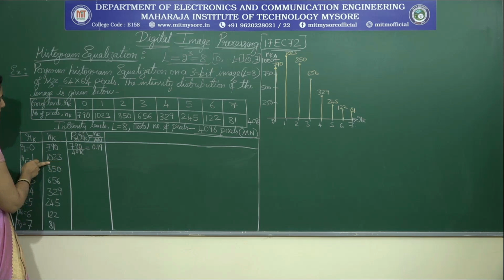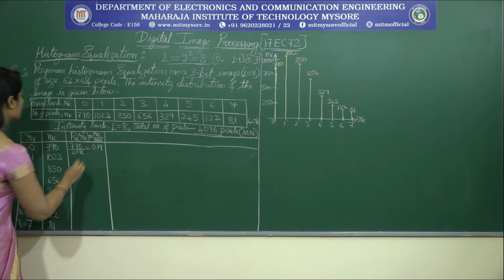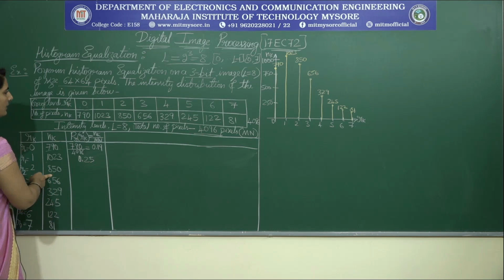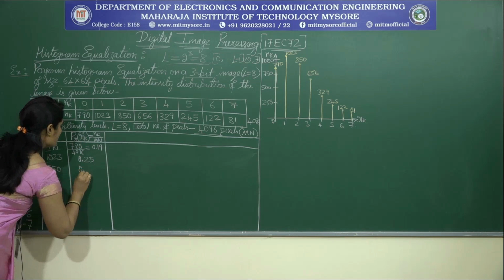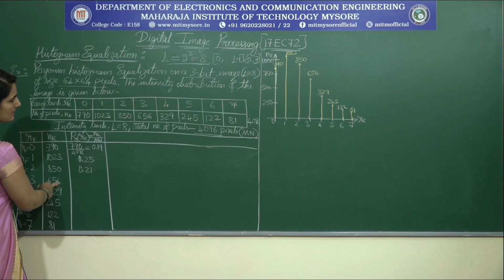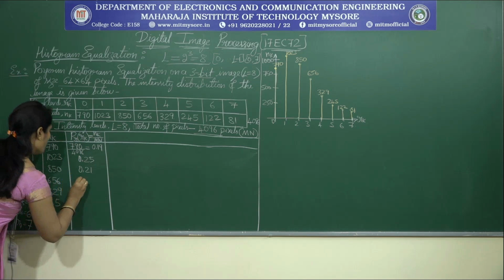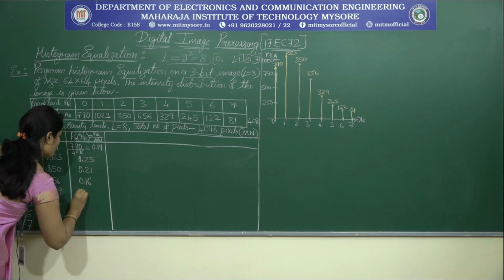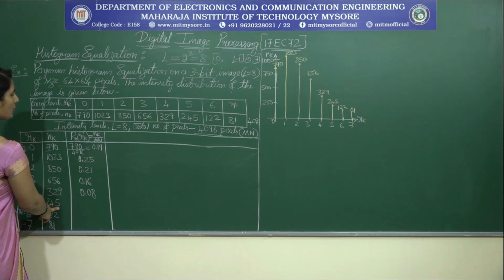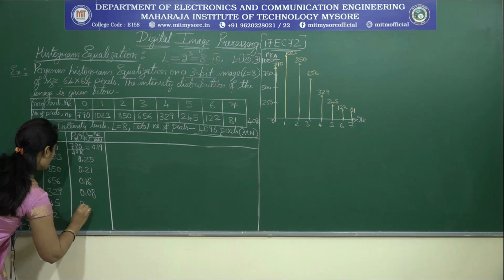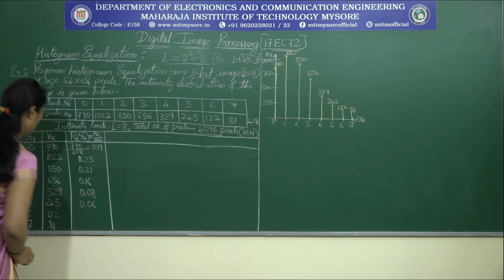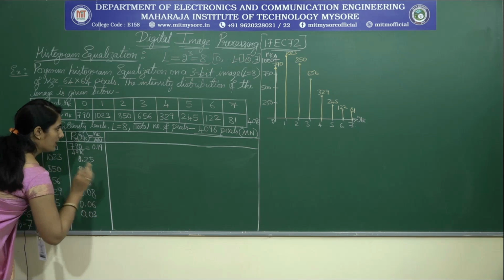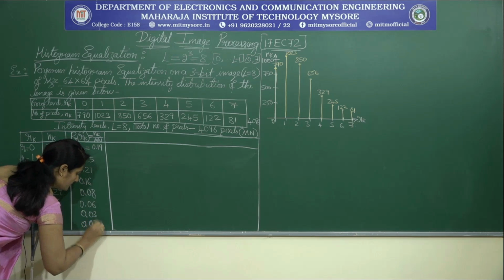Similarly, 1023 divided by 4096 is 0.25, 850 divided by 4096 is 0.21, 656 divided by 4096 is 0.16, 329 divided by 4096 is 0.08, 245 divided by 4096 is 0.06, 122 divided by 4096 is 0.03, and 81 divided by 4096 is 0.02.